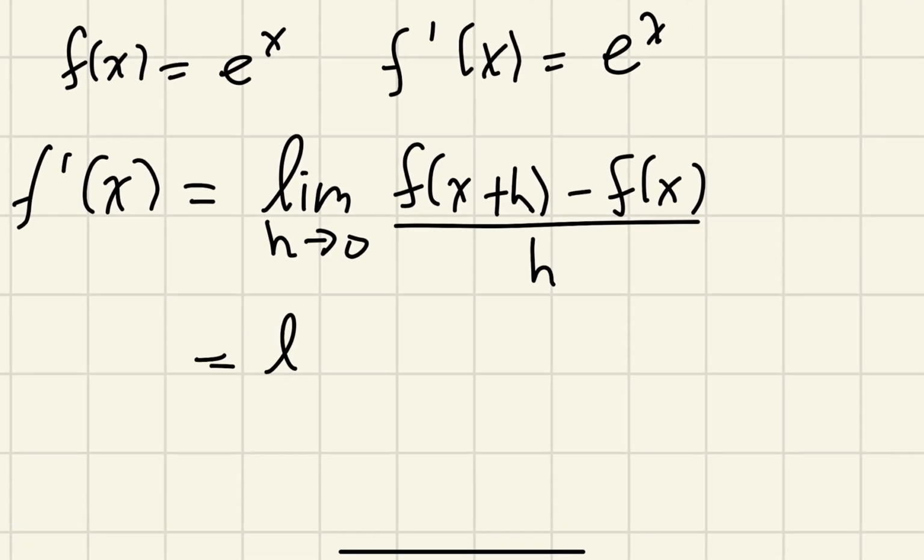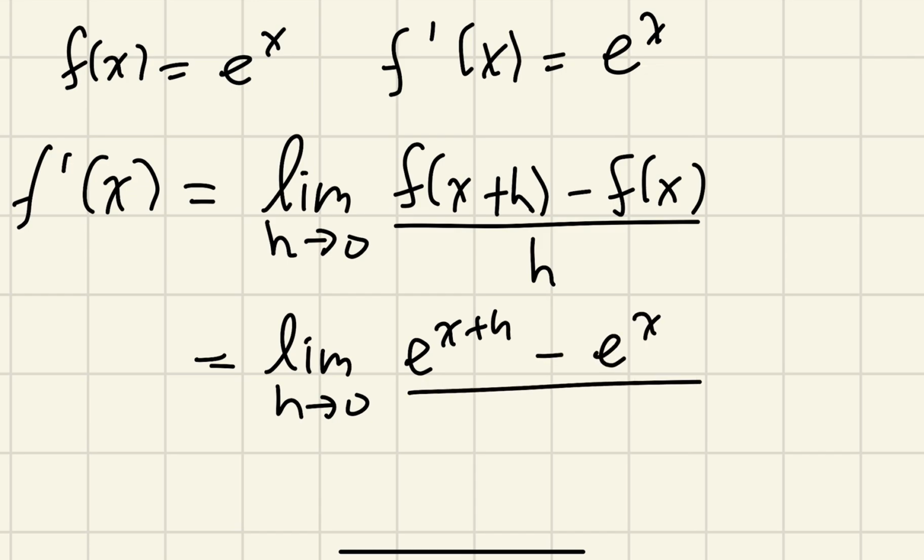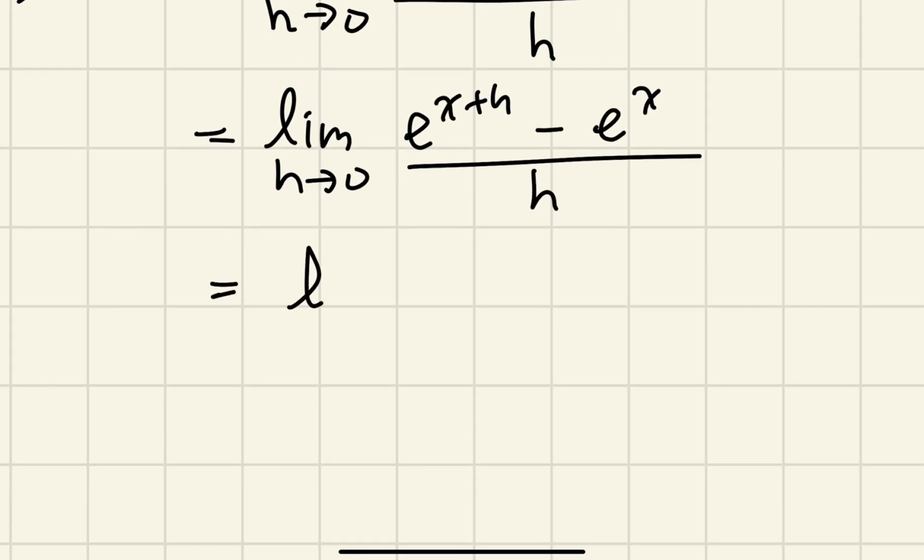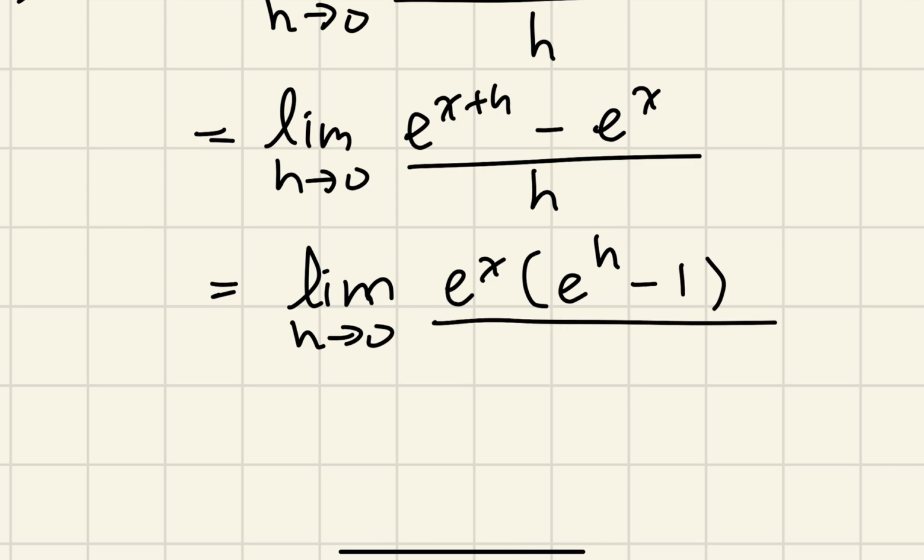Since f of x equals e to the x, then it will be e to the x plus h minus e to the x over h. And what we can do is take out a common factor of e to the x. So e to the x times e to the h minus 1, over h.